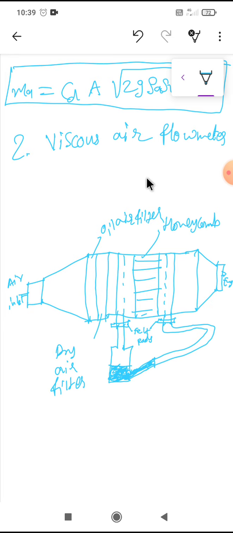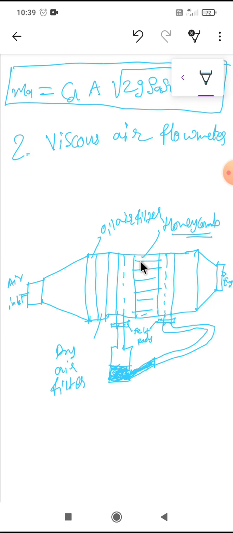The air now passes through the viscous element consisting of a very large number of passages in the form of a honeycomb, each passage being of triangular size.